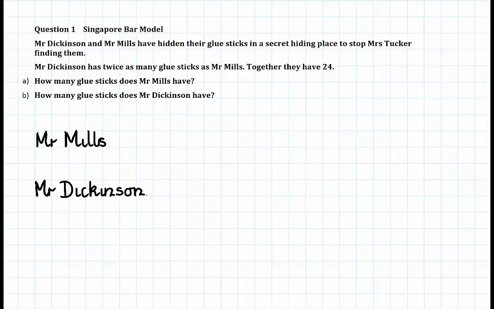It's always good to have clear labels on your bar diagram. Now Mr. Mills had the least amount, he had the smallest amount.